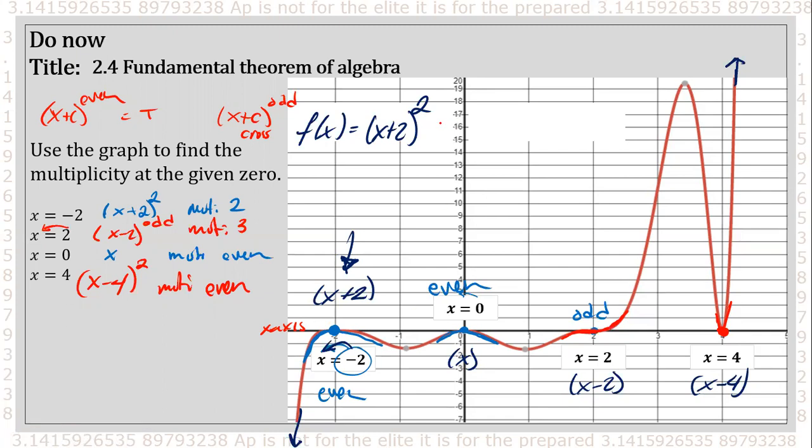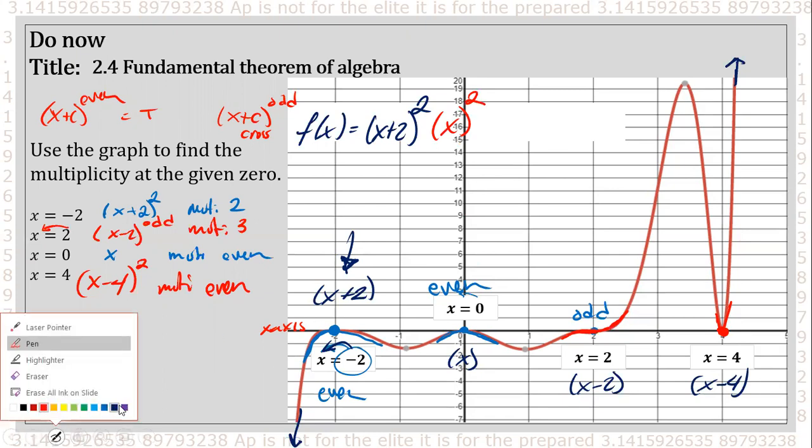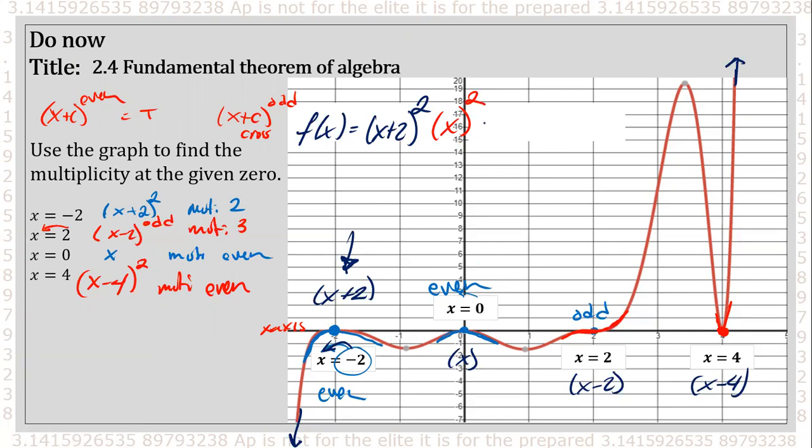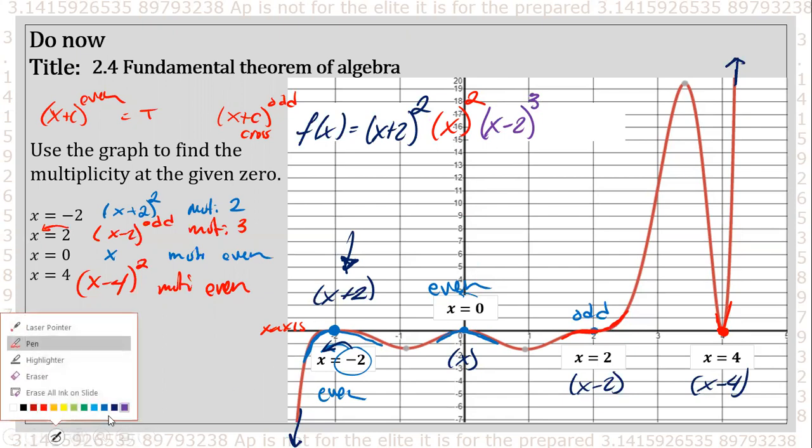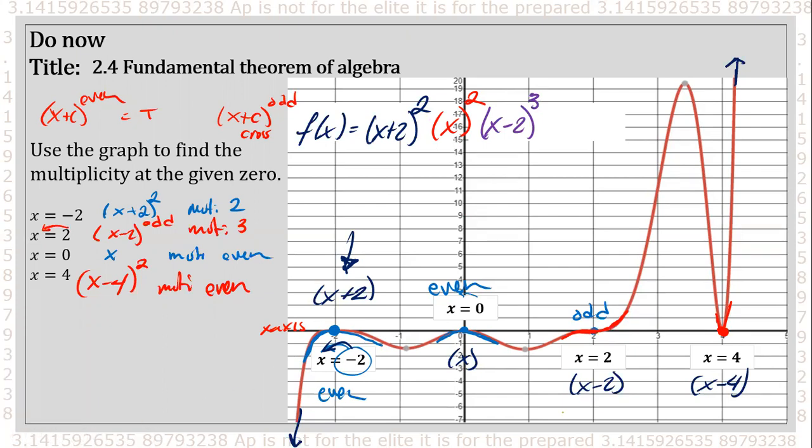The next one says x, and that is also even, so I'm going to leave it squared. The next one says x minus 2, and that one crossed, so that's an odd, so a 3 works, or a degree of 1 also works. And the last one, x minus 4, also touched, so it's like this.